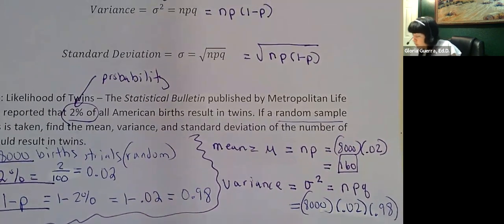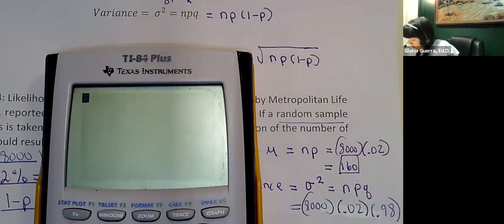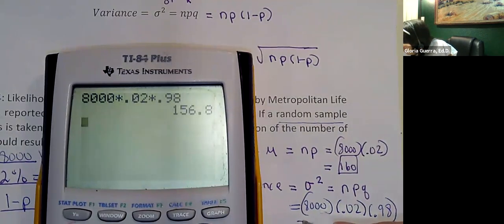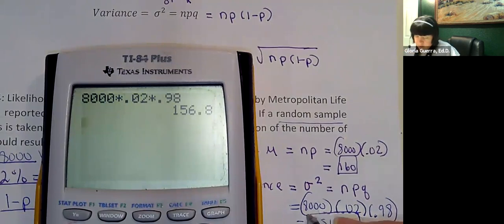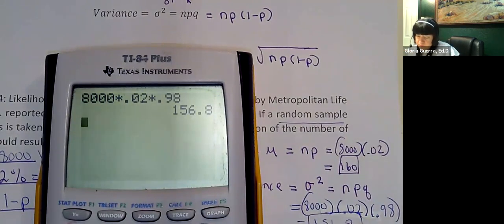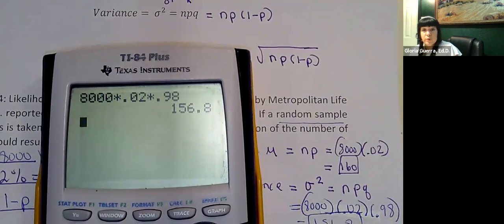Okay, so then I have 8,000 times 0.02 times 0.98. That looks like 156.8 twin births. Okay.